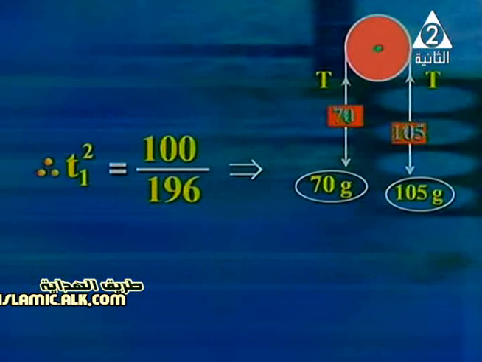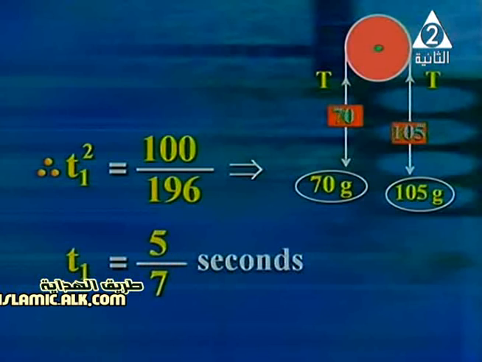Then t squared equals 100 over 196. Find the value of t. T1 equals square root of 100 over 196 equals 5 over 7 second.